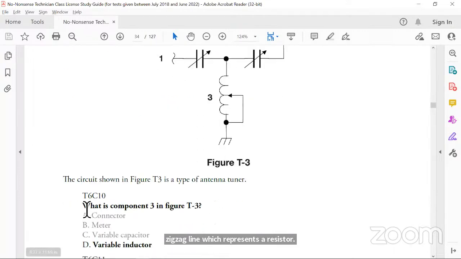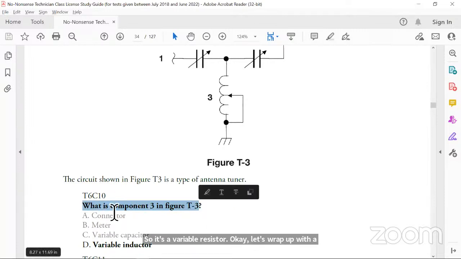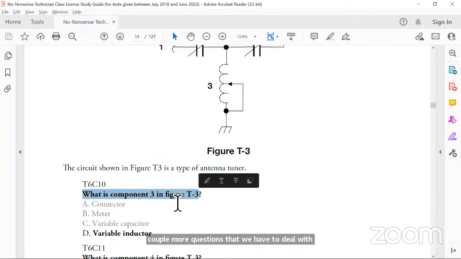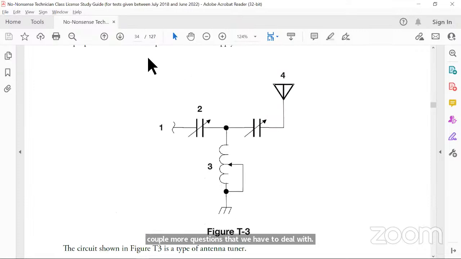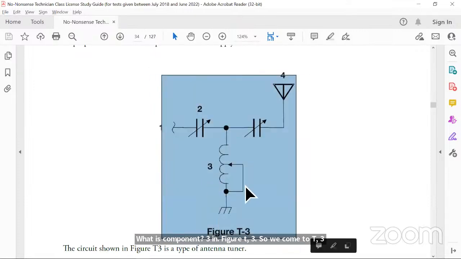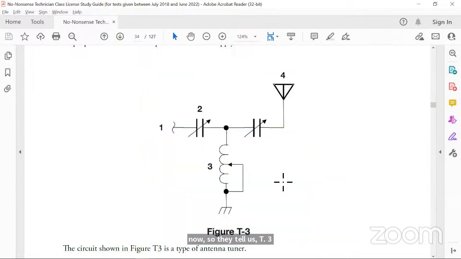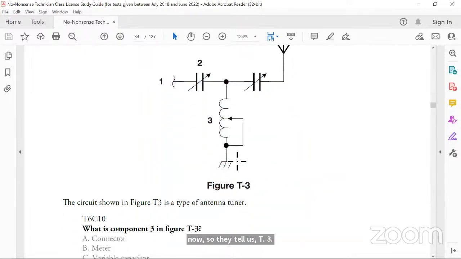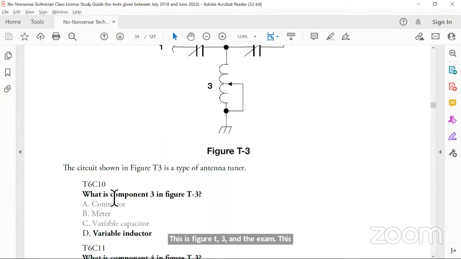Okay. Let's wrap up with a couple more questions. What is component 3 in figure T3? So we come to T3 now. This is figure T3 in the exam. You have this schematic in front of you. But we are looking for component number 3.